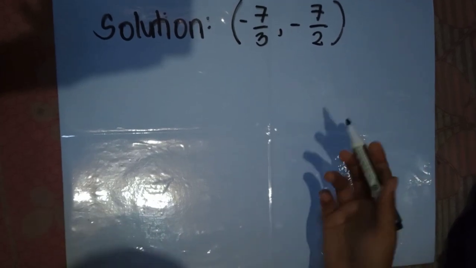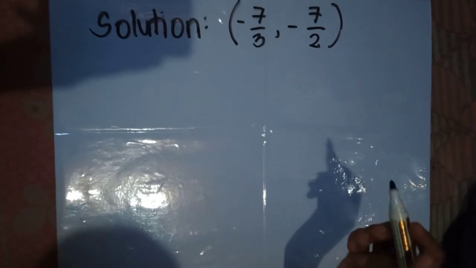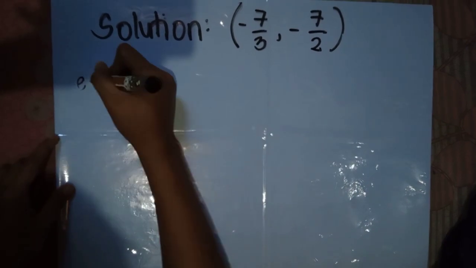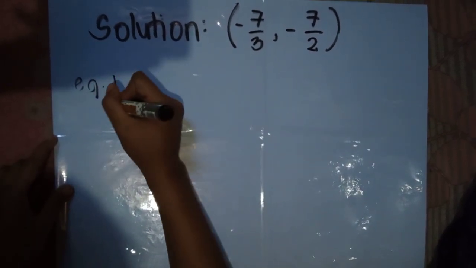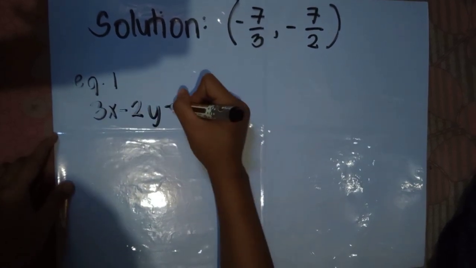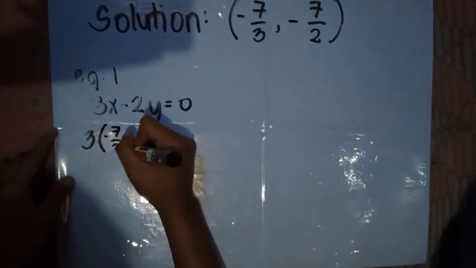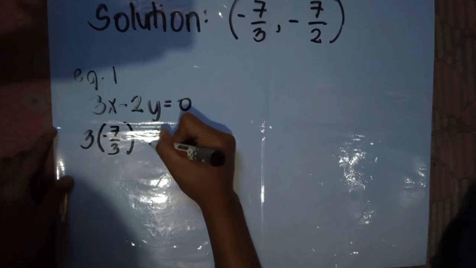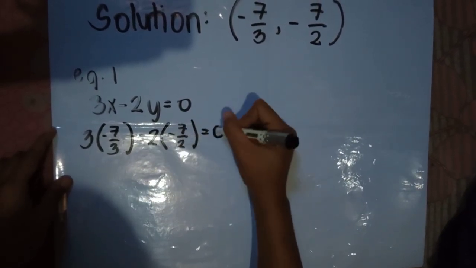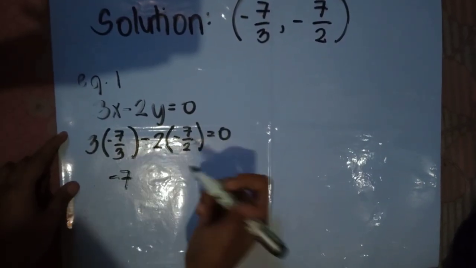To check if the solutions make the equations true, substitute the values of x and y into equation 1 and equation 2. So our equation 1 is 3x minus 2y equals 0. 3 times the value of x, which is negative 7 thirds, minus 2 times the value of y, which is negative 7 halves, equals 0. 3 times negative 7 thirds is equal to negative 7.